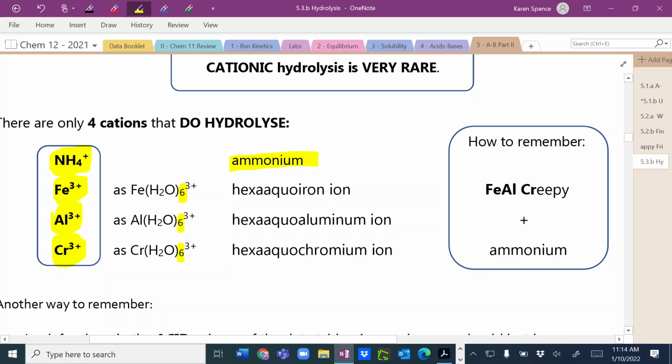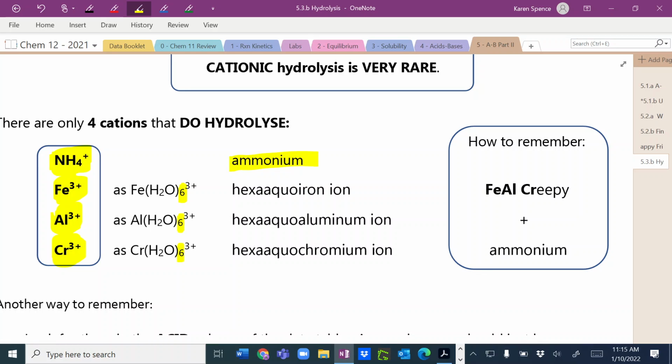The other ions, like sodium, do not have waters that attach themselves. Calcium does not have waters that attach itself. Only those 3, okay? There might be others, but you don't need to know them for grade 12. You only need to know the 3 that are listed here.